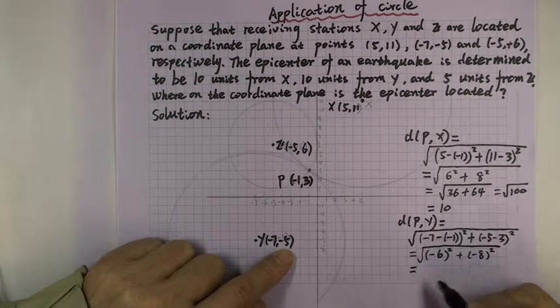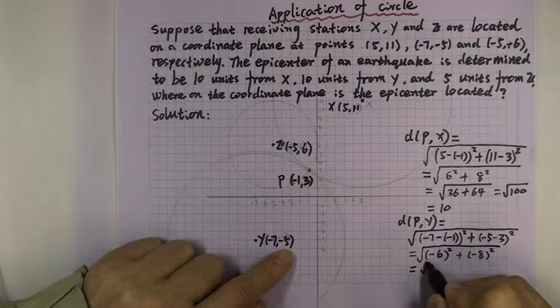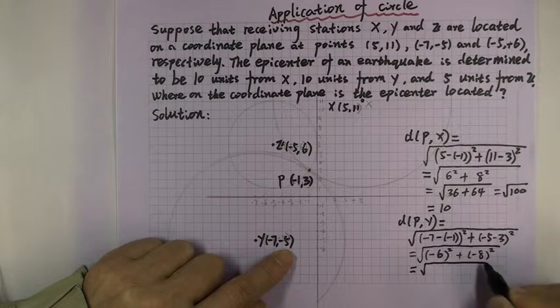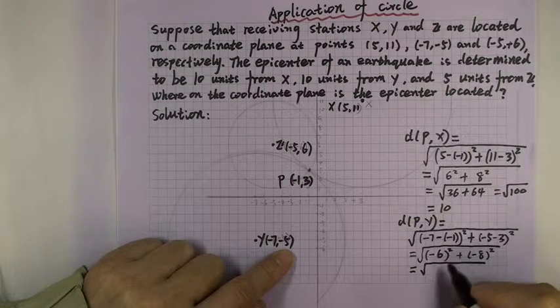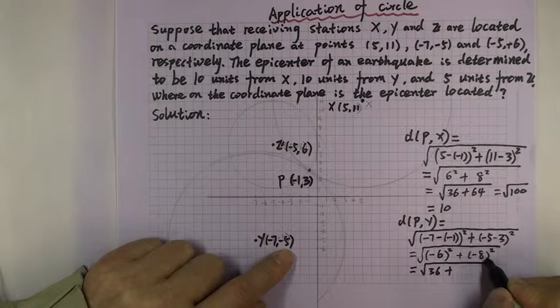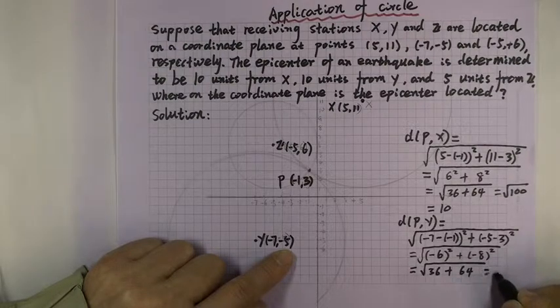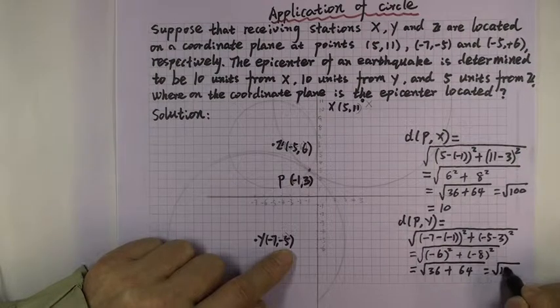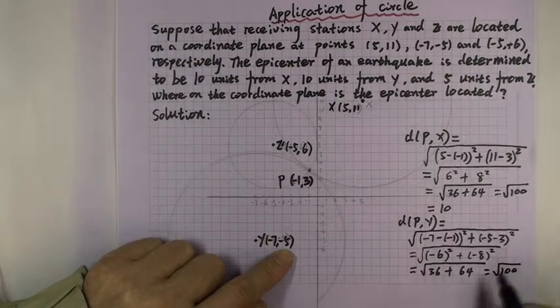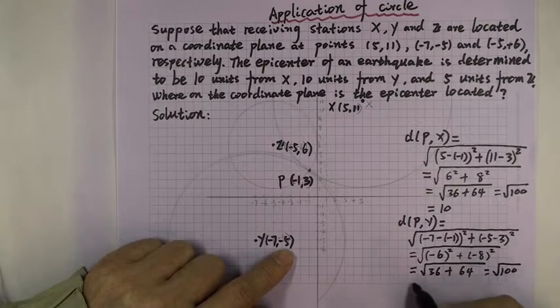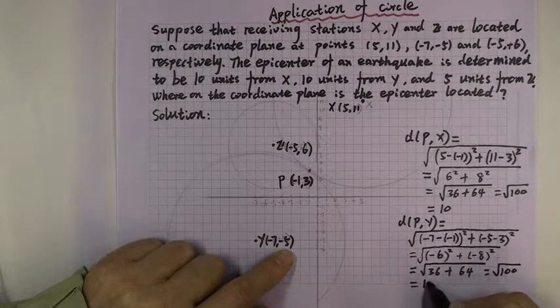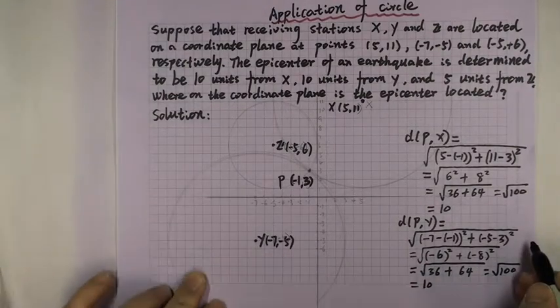Then -6 squared is 36 plus -8 squared is 64. That's 100. Choose the square root, and you then have 10.